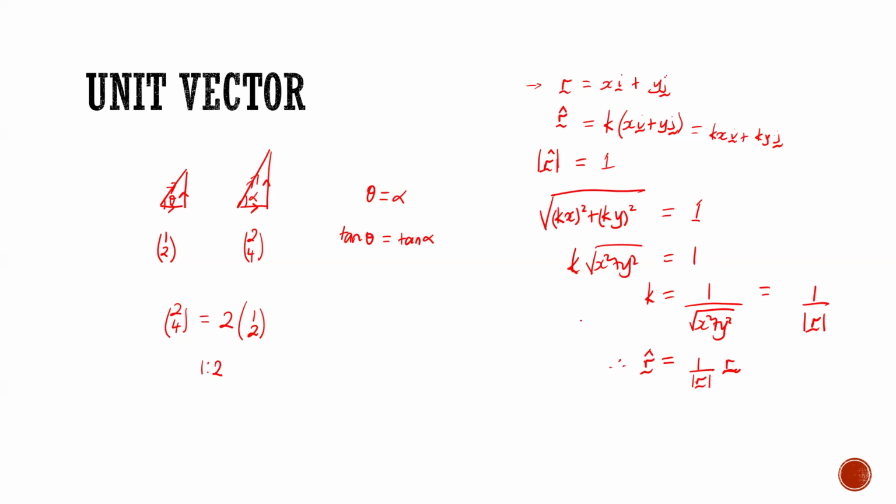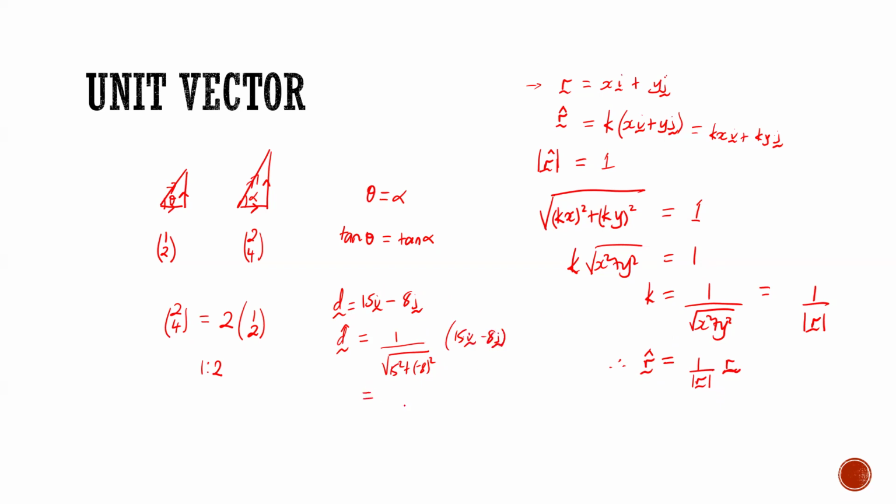Let's look at an example. Let's say we have the vector 15i minus 8j. We call this vector d. The unit vector of d would be 1 out of the magnitude of 15i minus 8j, which is in fact the square root of 15 squared plus negative 8 squared, times 15i minus 8j.